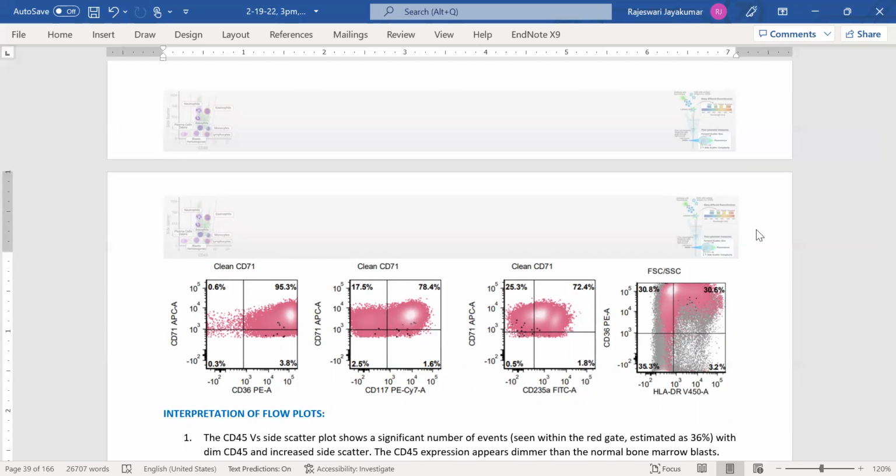So there can be cases where 235 can be dim or very weakly positive. And 117 is usually positive on erythroblasts. If you see, even in your tissue specimens, when you do 117 IHC for blast evaluation, you'll see that erythroblasts pick up those markers.